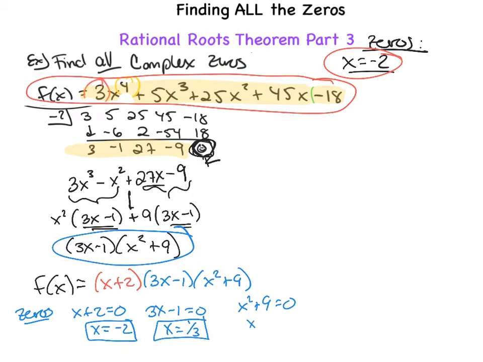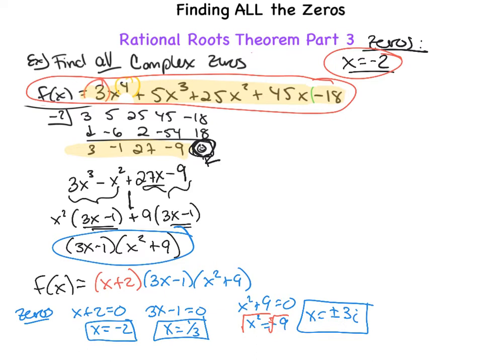And if we move the 9 over and then square root both sides, not forgetting about our plus and minus sign, we have x equals plus or minus 3i. Okay, that tells us what all 4 of our zeros are.